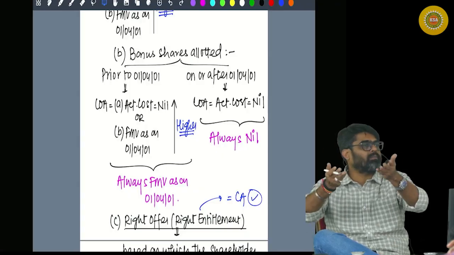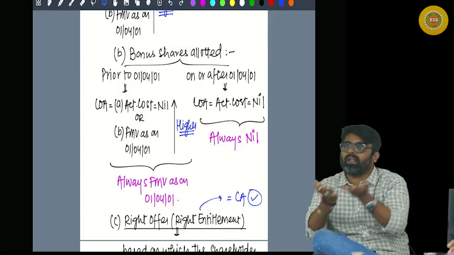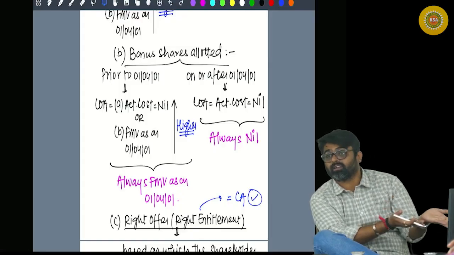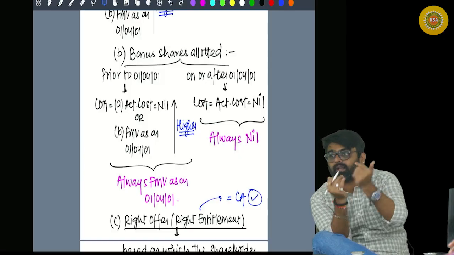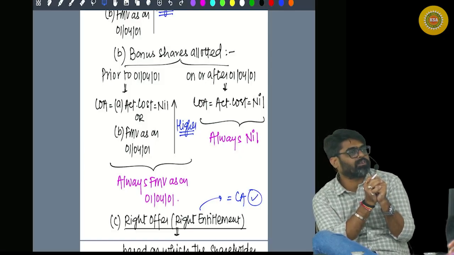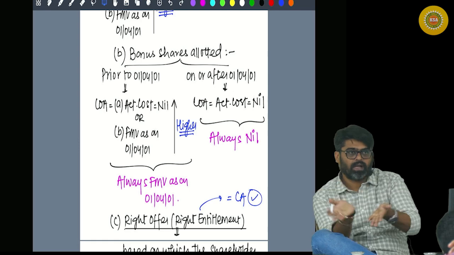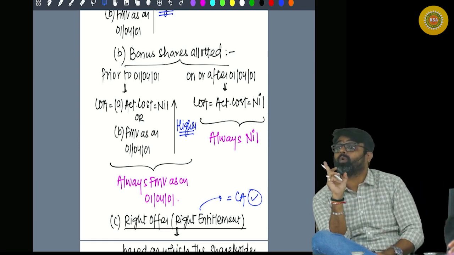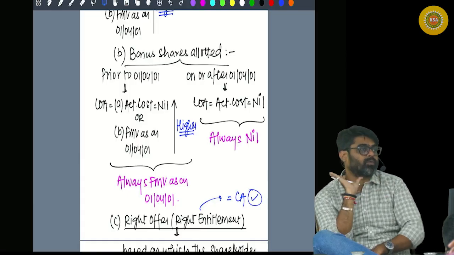If more than 12 months, more than 24 months, cost we have, we will index, because the asset is long term. Got it, sir? But only if the asset is transferred prior to 23rd July.